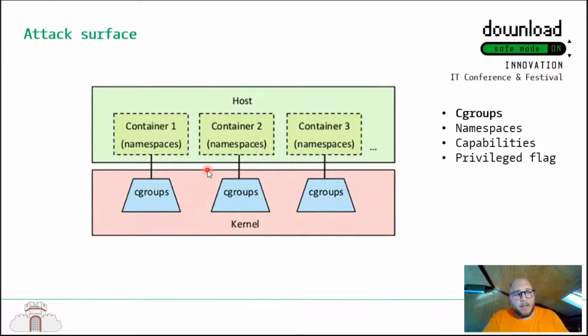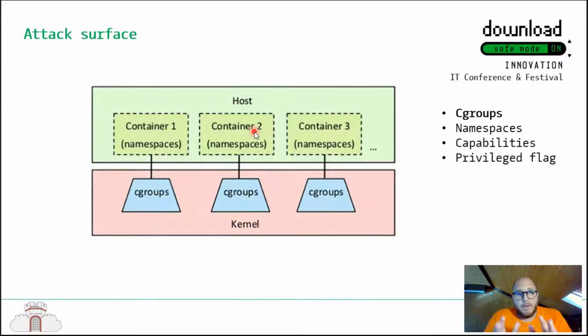Let's say that we have a container made only for one purpose, and that purpose requires only 2 processes running inside the container. With C groups, we can limit the amount of processes running inside that container, so we can make sure the whole time that the container is doing what it's meant to be doing.